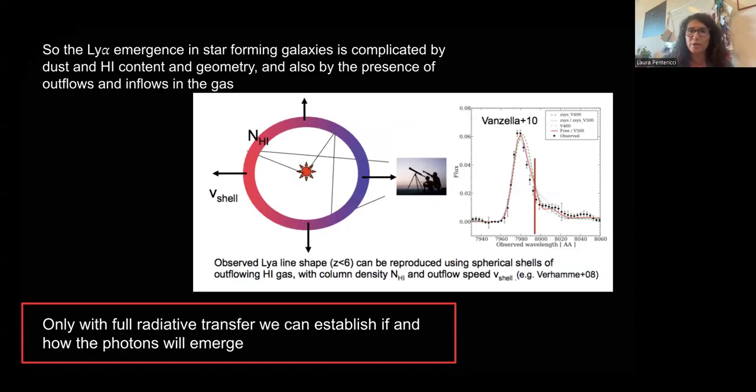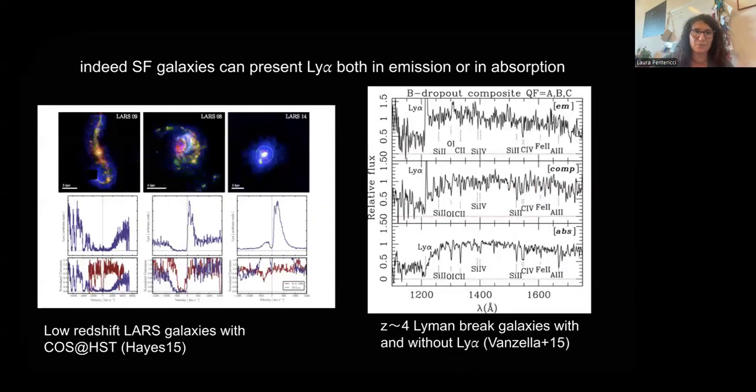For example, in general, we know that the profile of Lyman alpha, like the one shown here, is very asymmetric. This is due to the fact that there are normally outflows. I will not go into detail on this, because only full radiative transfer can really establish if and how the Lyman alpha photons in a galaxy can emerge, so can be observed outside the galaxy.